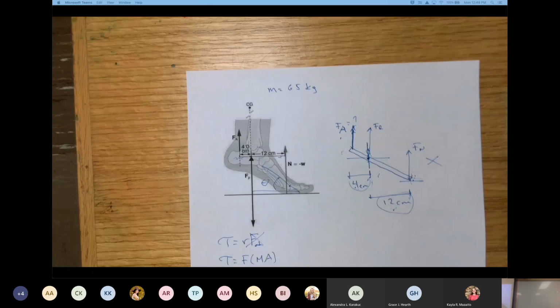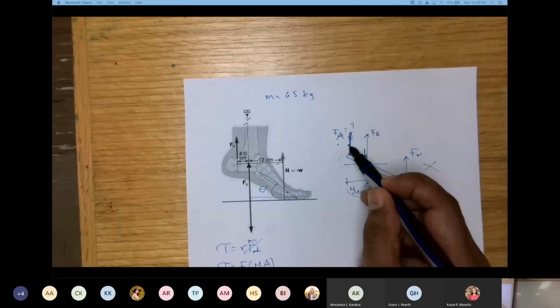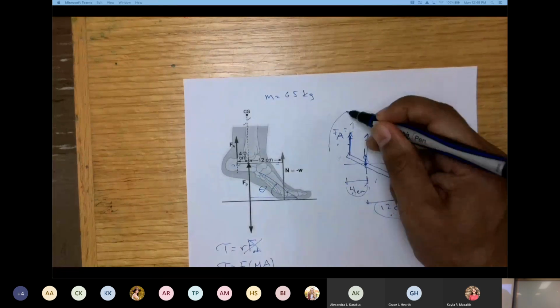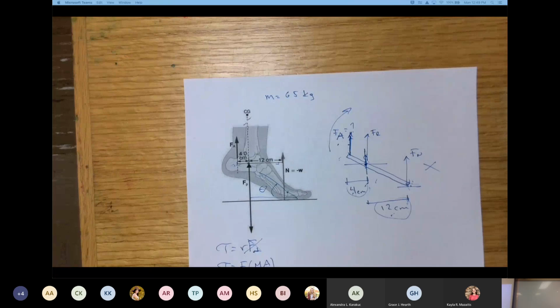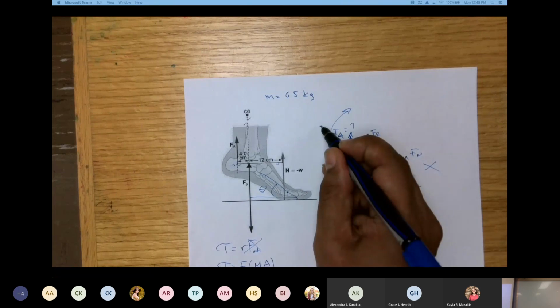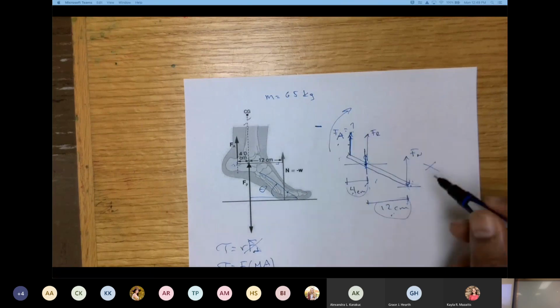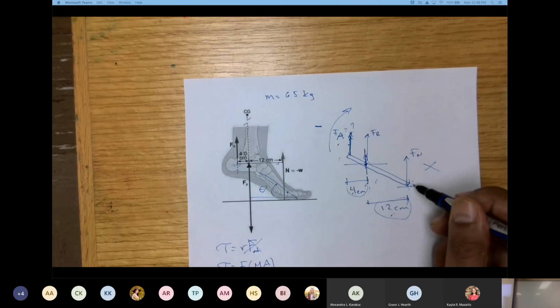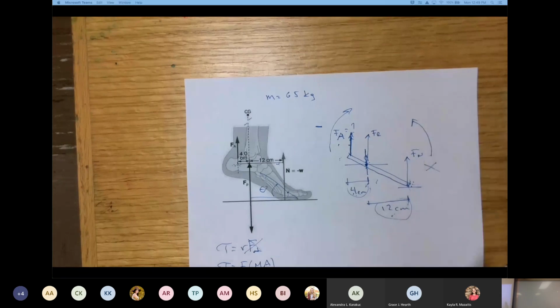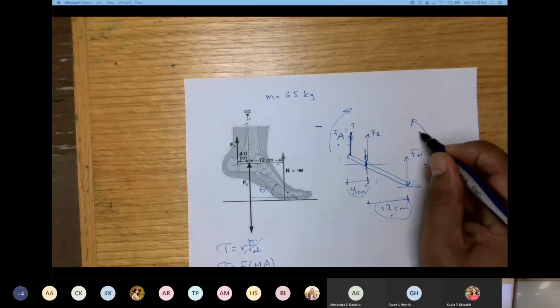The Achilles tendon is rotating clockwise, so this is going to be negative. The normal force is rotating my toe about the ankle anti-clockwise, so this is going to be a positive torque.